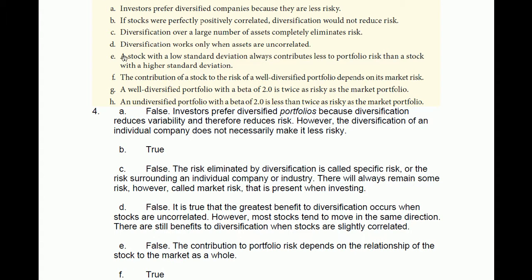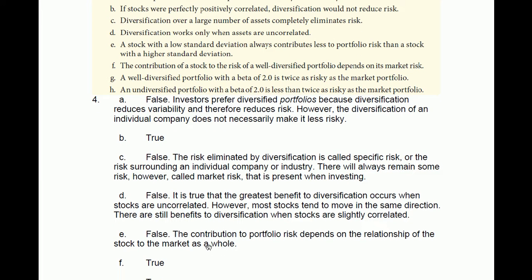E. A stock with a low standard deviation always contributes less to portfolio risk than a stock with a higher standard deviation. This is not true, because the contribution to portfolio risk depends on the relationship of the stock to the market as a whole. We call it beta.